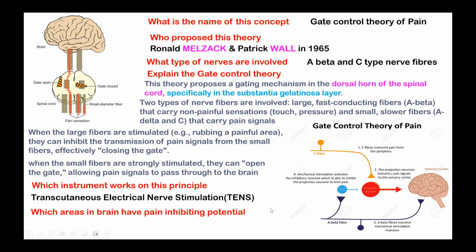Which areas of the brain have inhibiting capacity to block the pain sensation? Pain pathway and all you have to know well, because as physiologists, this will be a very common question in the exam. So periaqueductal gray matter and cerebral aqueduct are the locations from where pain will be blocked.